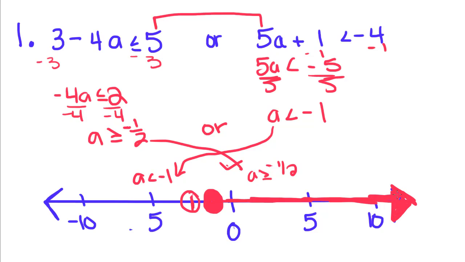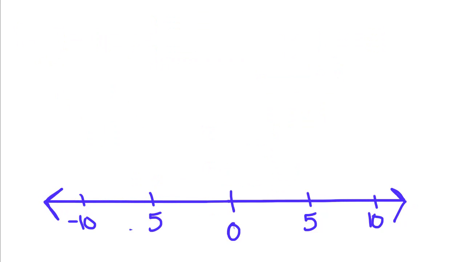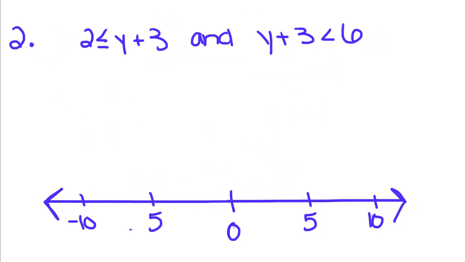And you're going to have an arrow pointing to the left for all a's that are less than -1. When you plug in your numbers to check, you're going to plug them in separately. So we're going to do one more example, but this time we're going to use an "and" compound inequality.